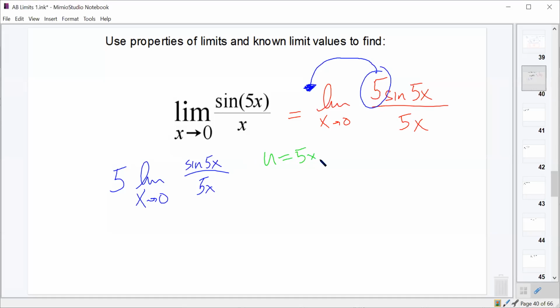If U is 5x, then this is going to become 5 times the limit, which I'll worry about the x approaches 0 in a second, of sine of U over U, right? Sine of U over U is the same as sine of x over x, as long as I have U approaching 0. Well, if U equals 5x and x approaches 0, what does U approach?